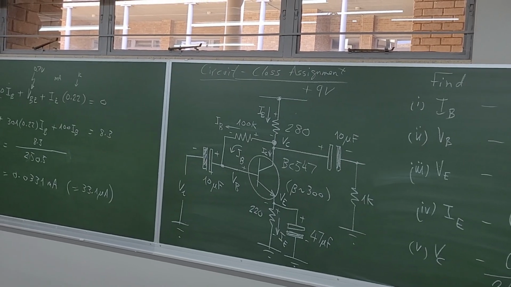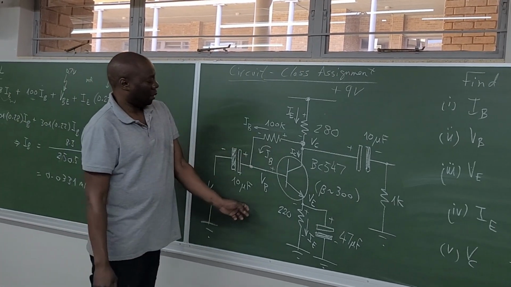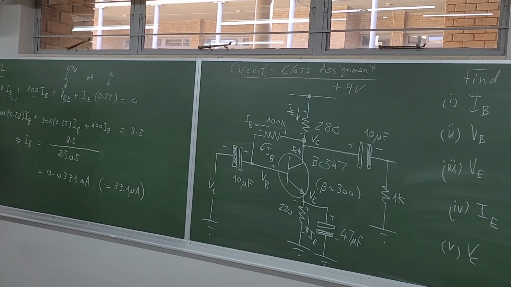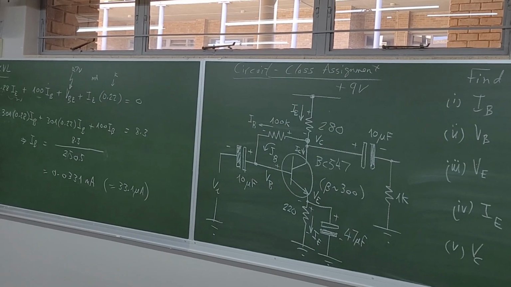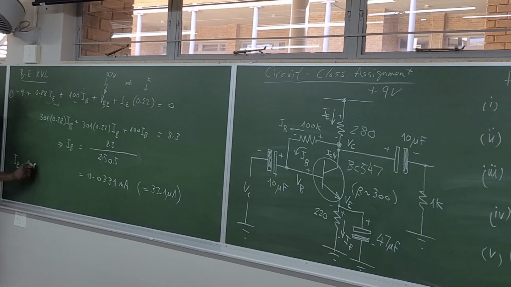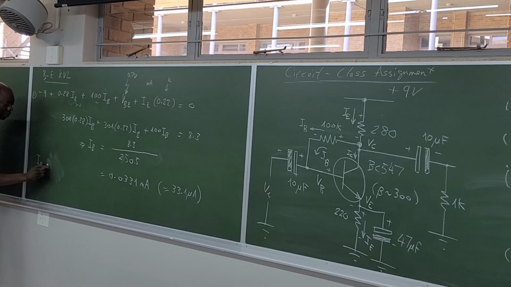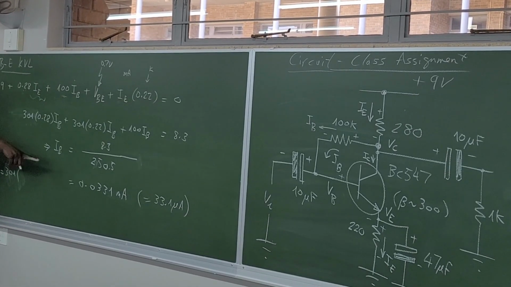So we can then work out what this current is, what IE is. It's quicker to work it out. So IE is just beta plus 1 times IB, as before. We're just going to say 301 multiplied by this.